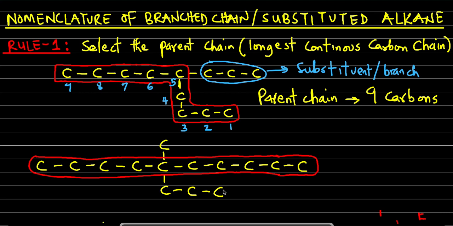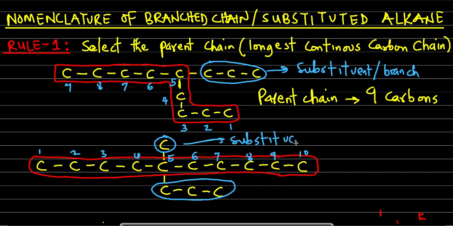In this case, this is carbon 1, 2, 3, 4, 5, 6, 7, 8, 9, and 10. That simply means that this and this are substituents. After you have finished identifying your parent chain, the longest continuous, every other thing that is not part of that parent chain becomes a substituent or a branch.